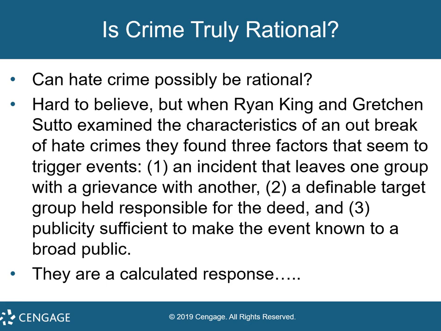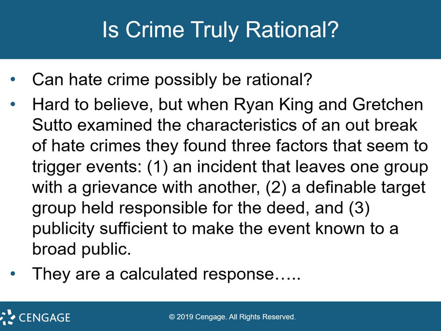So hate crimes are not merely the product of a disturbed mind, although they certainly can be, but sometimes they can be a rather calculated response to a concrete event whose impact is often fanned and inflamed by the media, of course.